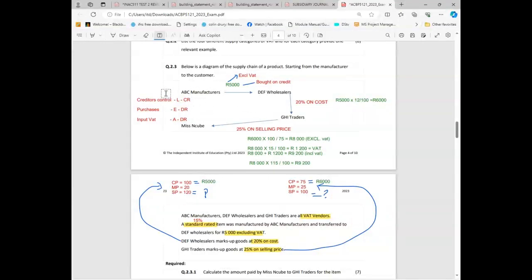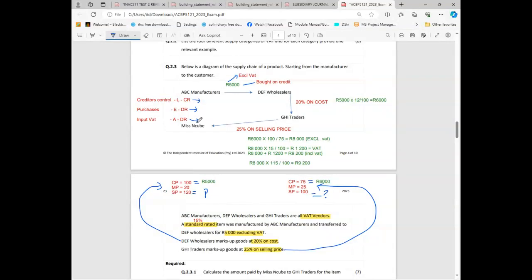So, because it is excluding VAT, out of these three accounts, which account will take that 5,000? Purchases. Are you sure?